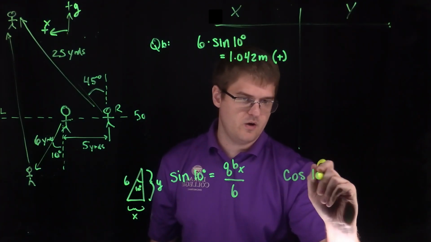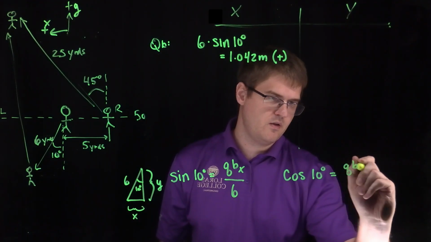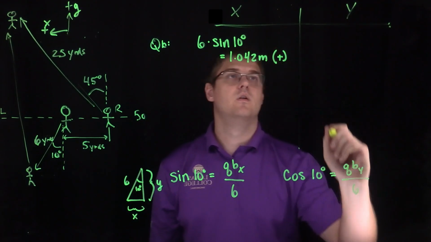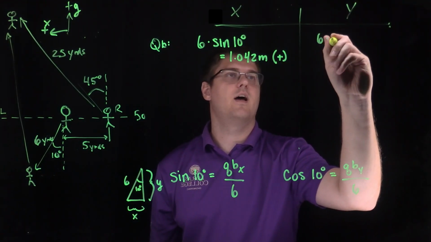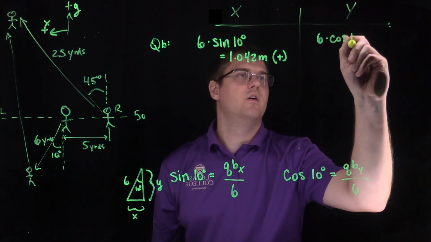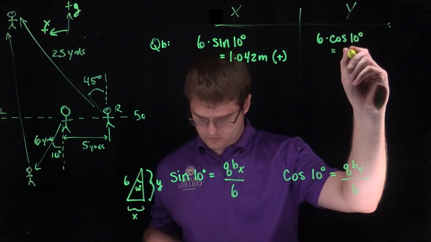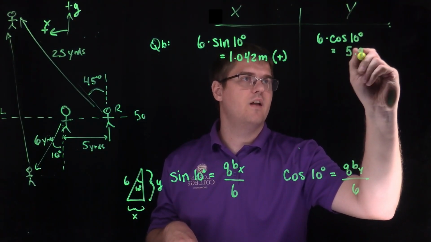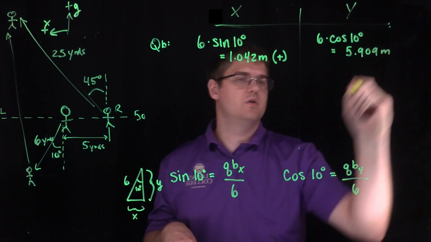And the portion of the QB in the y, downfield, cosine of 10 degrees is going to be QB in the y divided by 6. So we have 6 times the cosine of 10 degrees, which is going to be equal to 5.909 meters.